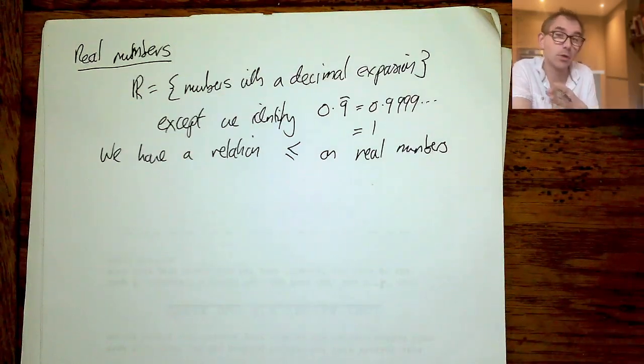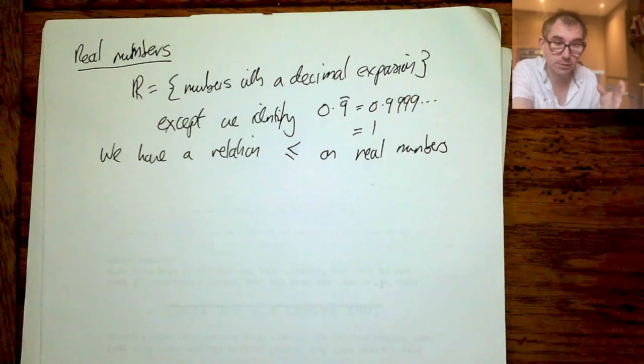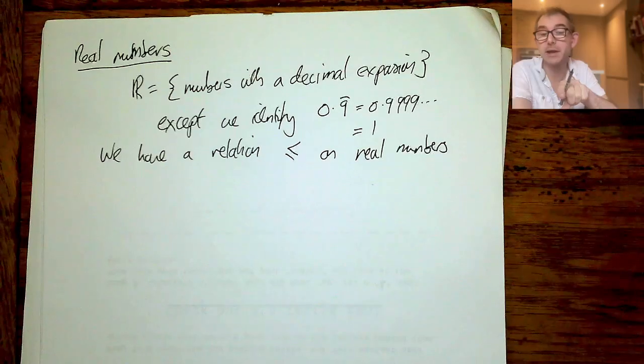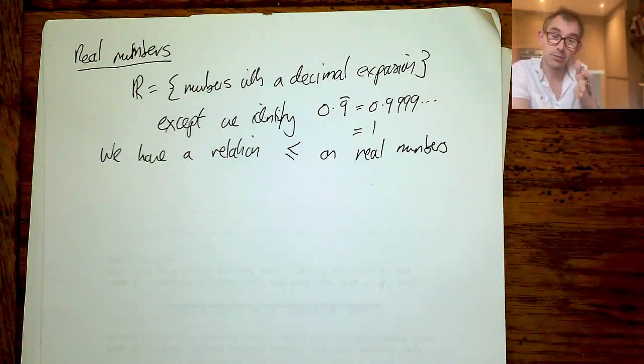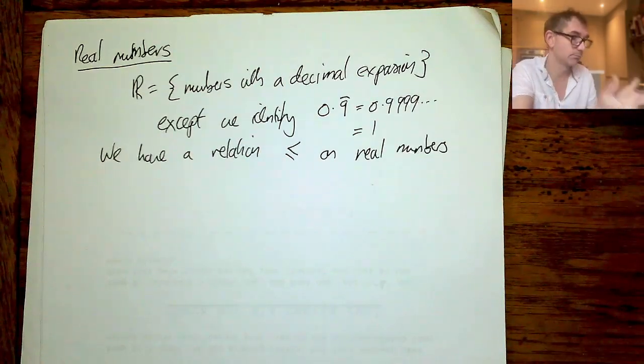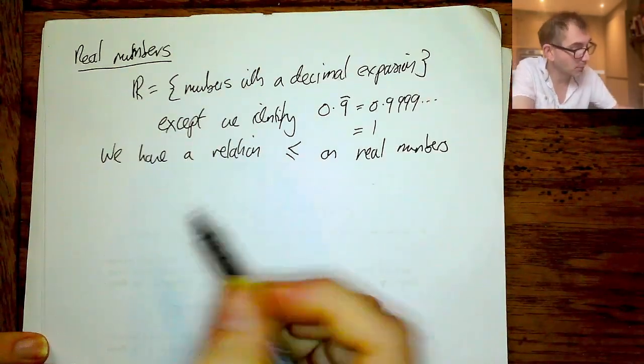If you've got two positive numbers, you look down both along the decimal expansion, and at the first place where they're different, the one with the bigger digit is the bigger number.